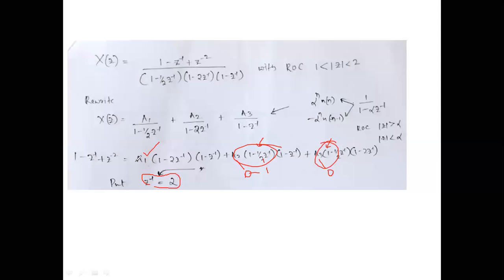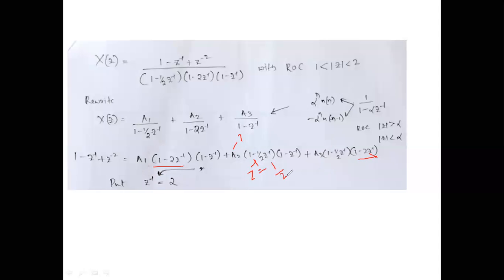Similarly, if I want to find a2, what should I substitute? See, this contains 1 minus 1 by 2 and 1 minus z to the power minus 1. It does not contain 1 minus 2z to the power minus 1. So I will substitute z to the power minus 1 as 1 by 2.